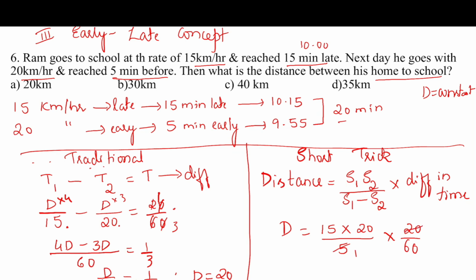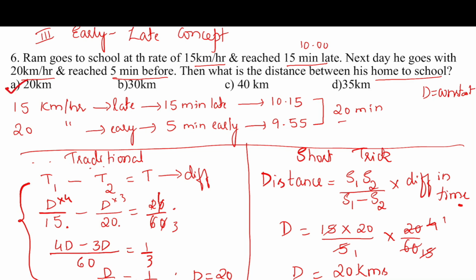So 5 cancels 5, 4 ones are 4, 15s are 15, 15 cancels, therefore D is equal to 20 kilometers. So in such a simple step we got the answer. Instead of doing all this, taking LCM and then taking difference and all, if you just remember this one formula, you can solve all the problems. Okay, so option A is the answer.